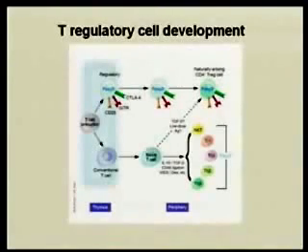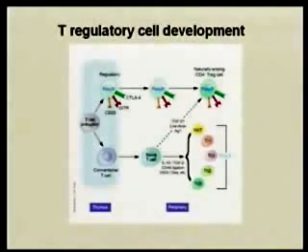An important characteristic here is that from the beginning they express CD25 and CD4. They also express FOXP3. Now, it's not really clear what the role of FOXP3 is in the regulatory cells. Some studies show that FOXP3 can downregulate transcription of certain genes, but it's not really clear what the role of this particular protein is. However, they know that if a cell is expressing FOXP3, more than likely it's a T regulatory cell.